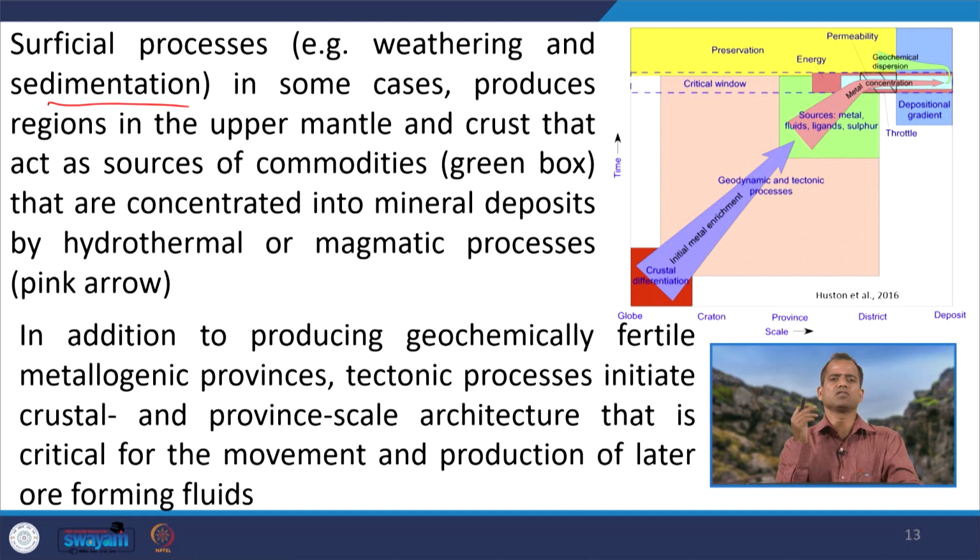In addition to producing a geochemically fertile metallogenic province, tectonic processes initiate crustal and province scale architecture that is critical for the movement and production of later ore forming fluid. So, we have ore forming fluid, we are taking it from the deeper level to the shallower level. Now, where to put it? We need a suitable room, and it is the tectonic forces that create rooms for that.